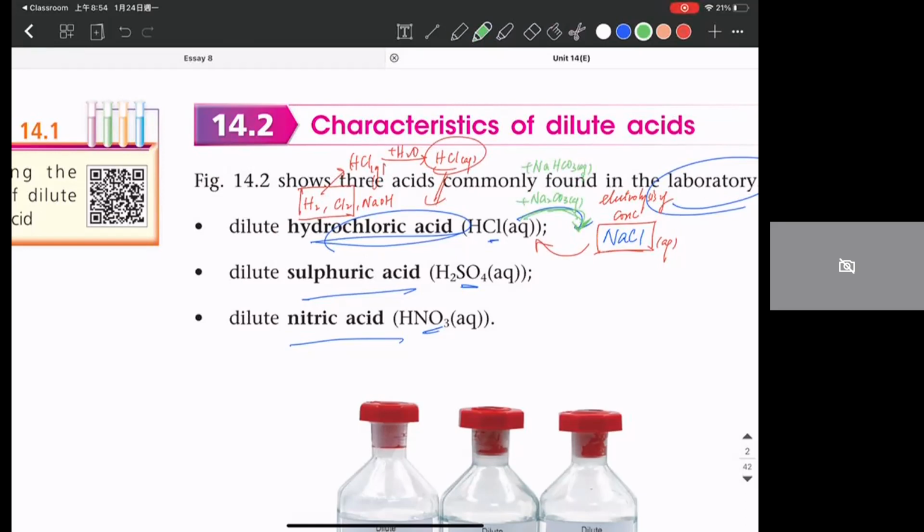Once I react it with HCl, they would produce NaCl. So can you get my point? Very interesting. The mineral acid, of course, comes from mineral salts. But I use it and add other chemicals, and they will turn into the salt again. Do you understand?